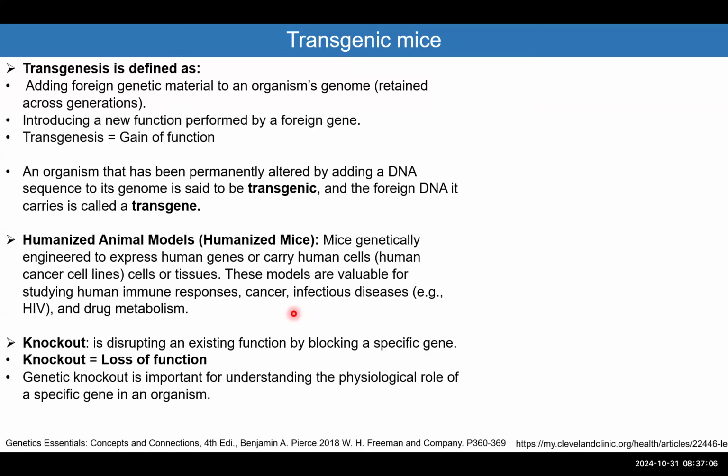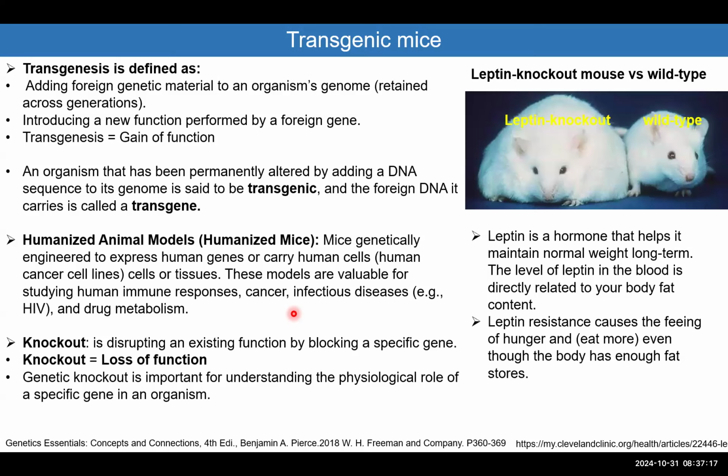Okay. So we agreed that transgenic is accepted to be an overexpressor of a gene and knockout is a loss of a gene. I gave you an example, leptin knockout, and you can see the difference between a wild type animal and a leptin knockout animal. Now, the issue here is that when we generated this leptin knockout animal, we most probably deleted some exons from the leptin gene, and this animal is created.